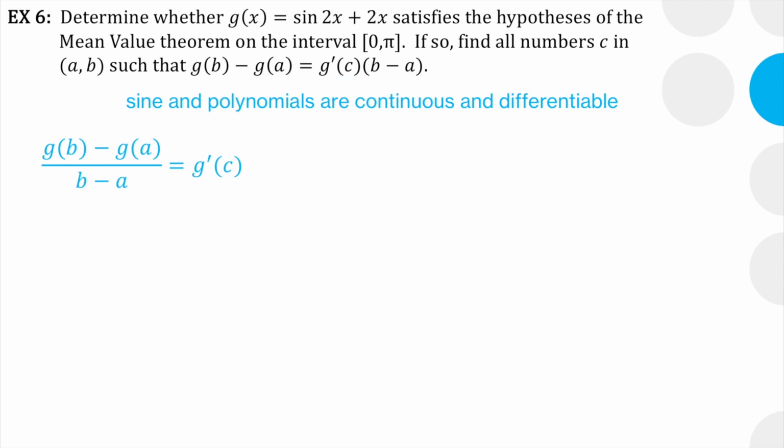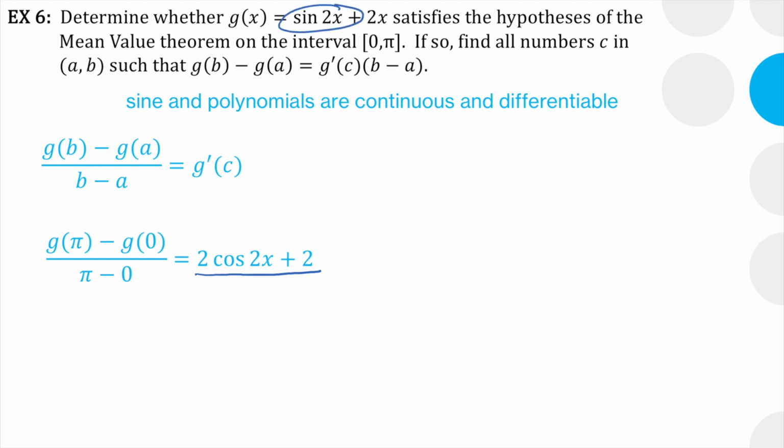So if our interval is between 0 and pi, we need g of pi minus g of 0 over pi minus 0, and then we'll set that equal to the derivative of g of x. So we have a chain rule here. Derivative of sine 2x is cosine 2x, and then times the derivative of 2x, which is 2. And then the derivative of 2x is 2.